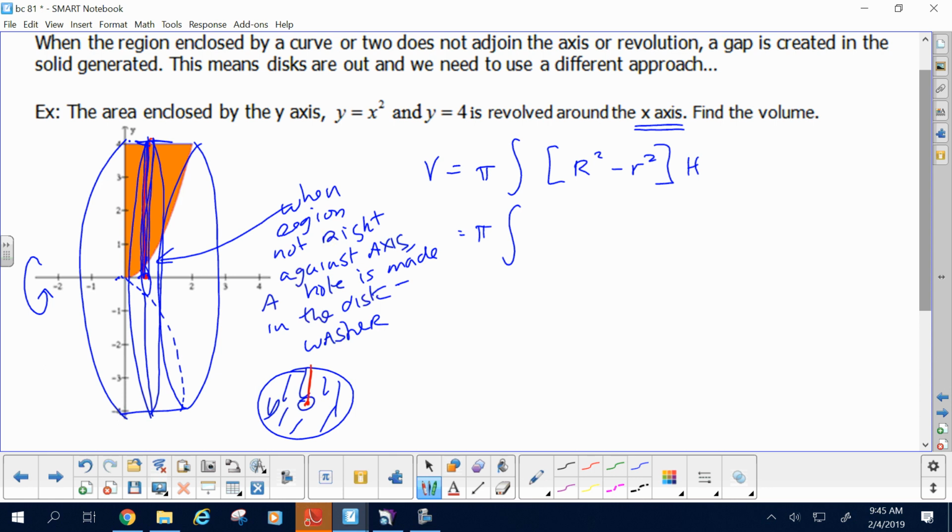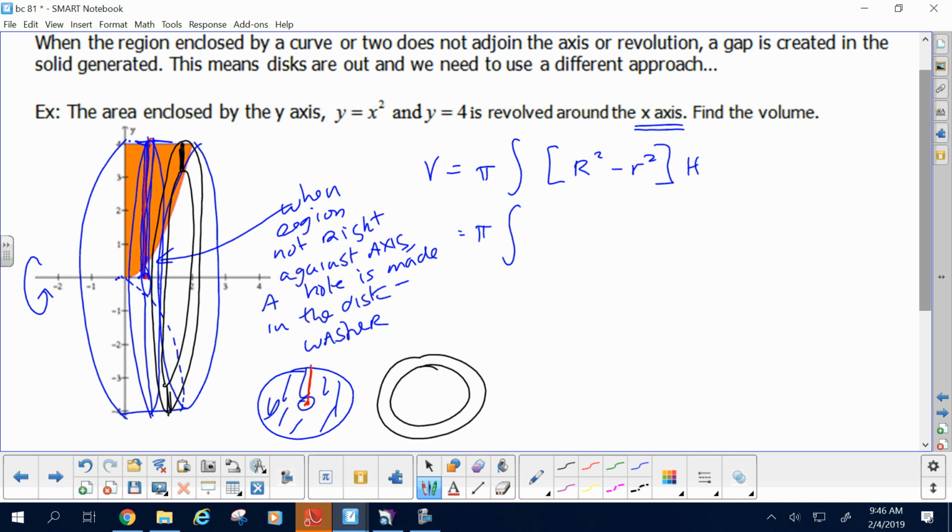4, okay. Now the question is, is it always 4, or would different slices vary? Say I looked at this slice up here. If I did that slice and revolved it, the gap inside, the part that's missing, is really, really big. That washer is more like that kind of situation. But that said, what is big R for that next one?